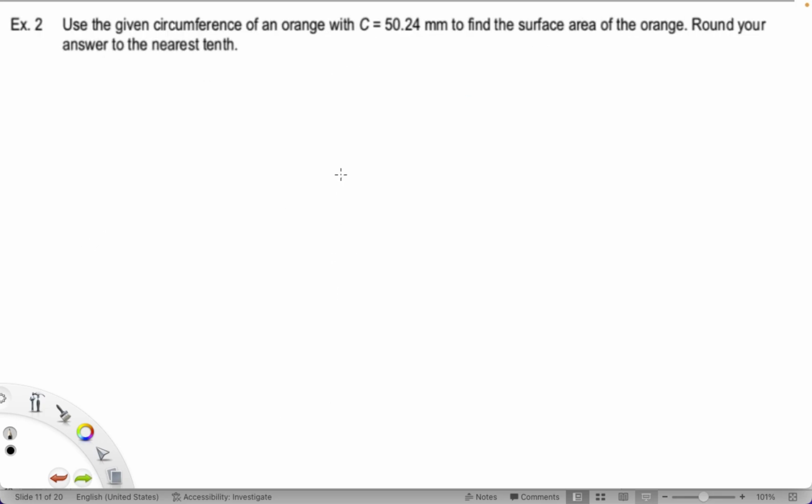So problem number 2, we are given the circumference of a sphere, in this case an orange, and it's asking us to use that to then find the surface area of the orange, and we want to round to the nearest 10. All right, well, we know the circumference equals 50.24 millimeters.